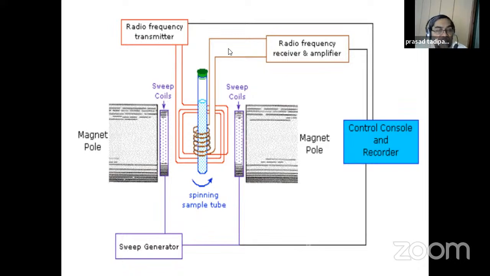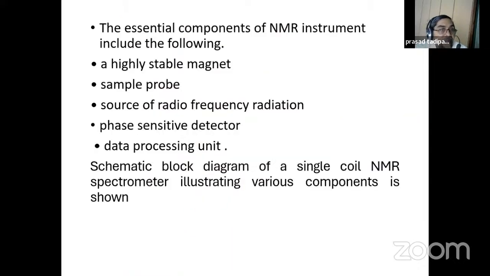So this is the general schematic diagram, and how it works, you can write simply as 2 or 3 paragraphs. That is enough. So this is the schematic diagram of an NMR spectrometer of a single coil method.